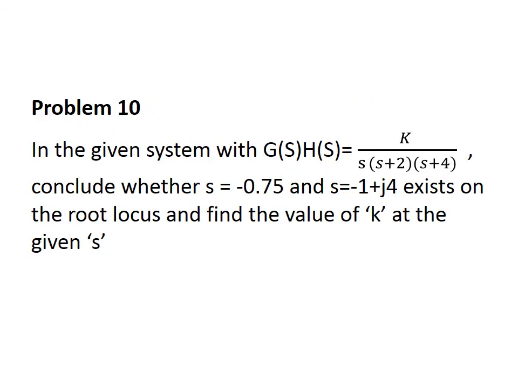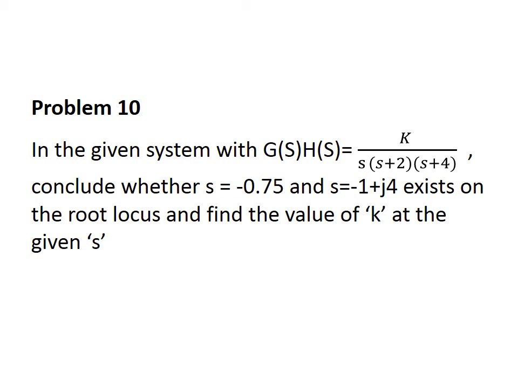Let us try to solve a problem, something like this. In the given system with G(s)H(s) = K / (s(s+2)(s+4)), conclude whether s = -0.75 and s = -1 + j4 exist on the root locus, and find the value of K at the given s.